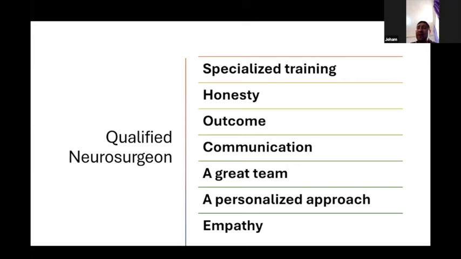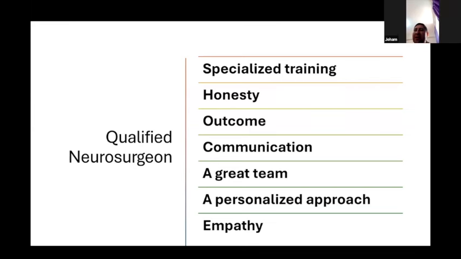We need to train. Also, we must have good communication with our patients, our team, and all the personnel in charge of our patients, and that will make a great team, not only among neurosurgeons, but also with the intensive care doctors, anesthesia doctors, and all the staff.